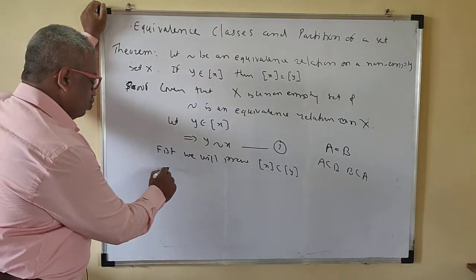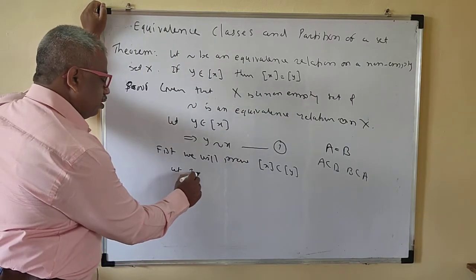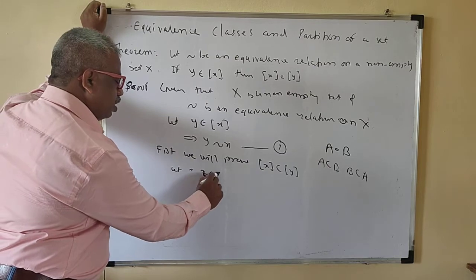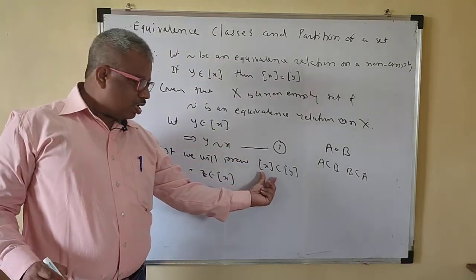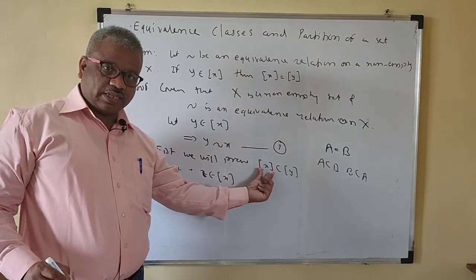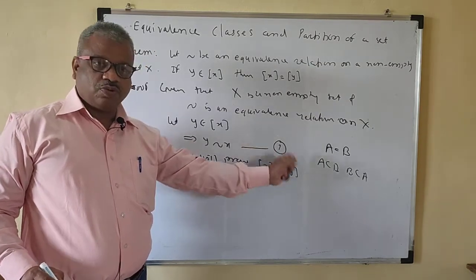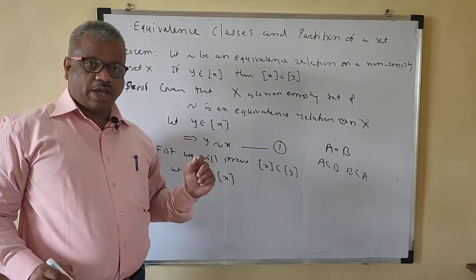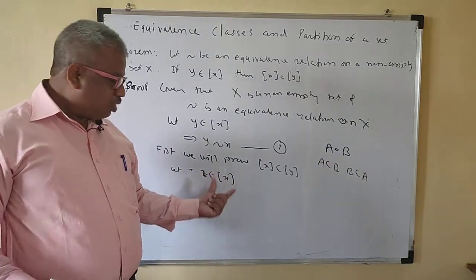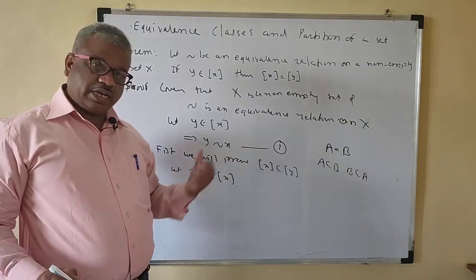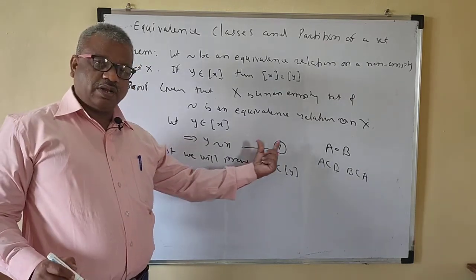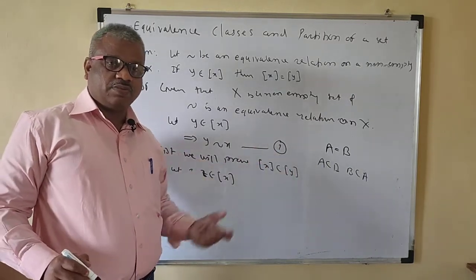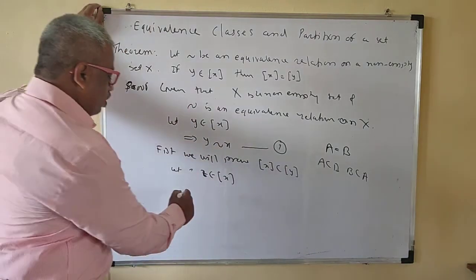Let Z belong to the equivalence class of X. I have taken the element Z from the equivalence class of X, and we want to prove that Z is an element of the equivalence class of Y. That means every element of the equivalence class of X is an element of the equivalence class of Y. So what does this imply?